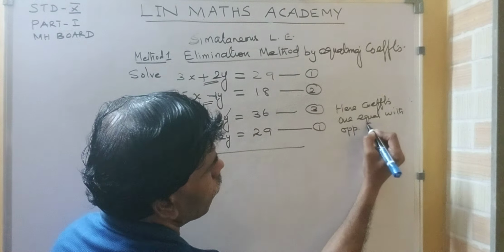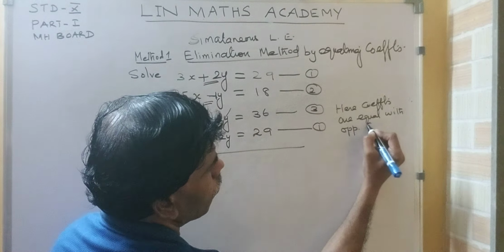This is a formula, right? So, as per this formula, I added these two equations. What is 10x plus 3x? 13x. What is 36 plus 29? 65. 13 5s are 65.